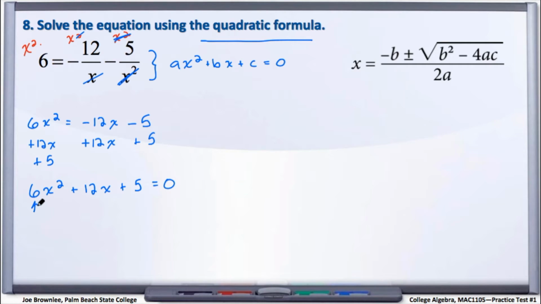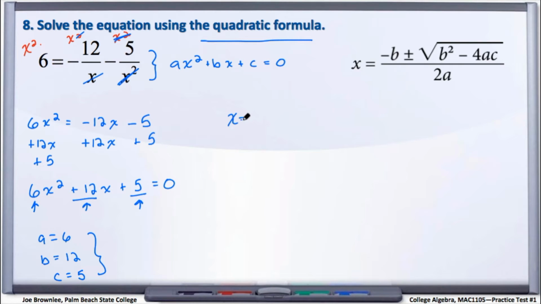And now we can easily identify our A, B, and C. So A looks like it's going to be 6, B looks like it'll be positive 12, and C will be positive 5.